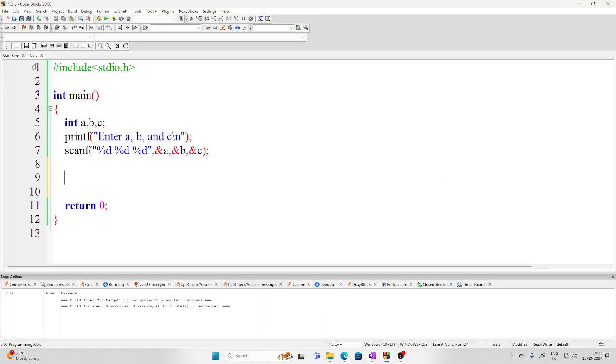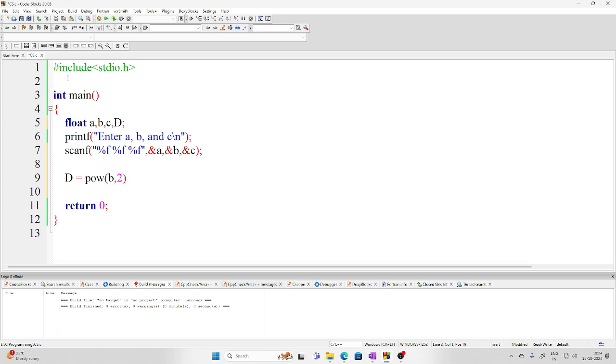So first make it float, and you declare discriminant also here. Apart from this, the format specifiers need to be changed. So f, and now comes b. Now what is d? It is b square. Let us use the power function for b square.